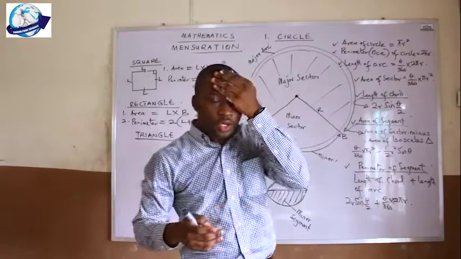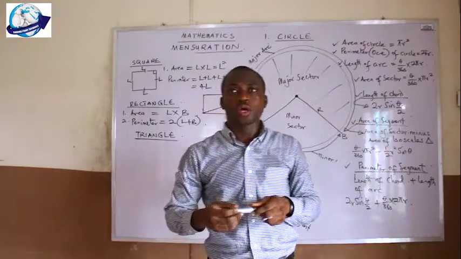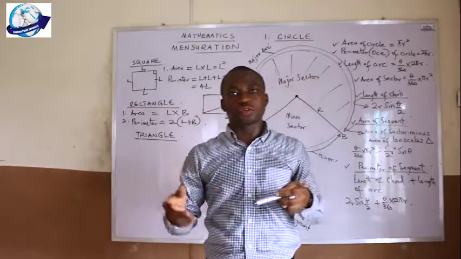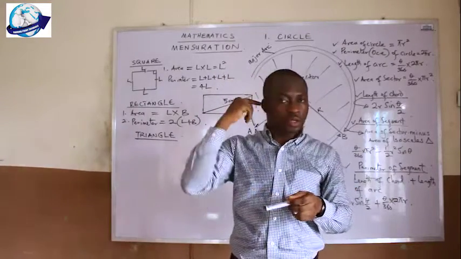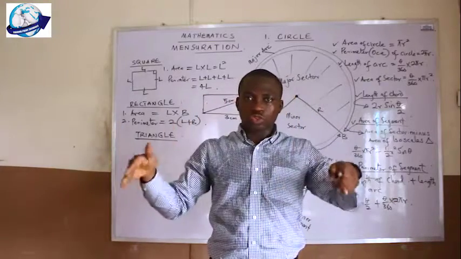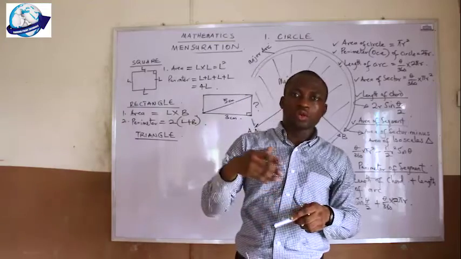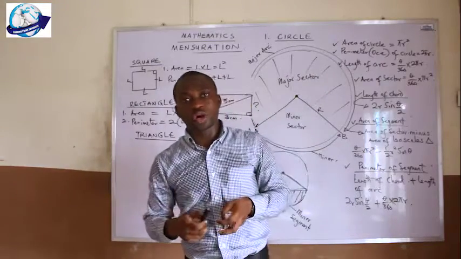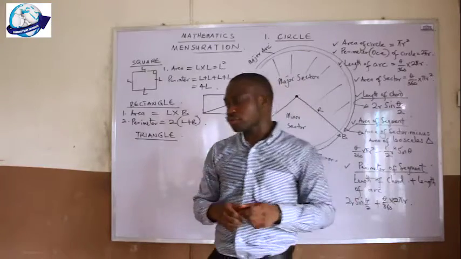We have the right angle triangle. We have the scalene triangle, where no side is equal. Then the isosceles triangle, which has 2 sides equal and the base angles also equal. Then the equilateral triangle, which has all sides equal and all angles equal, which is 60 degrees.